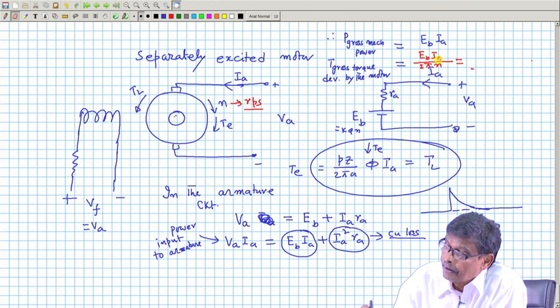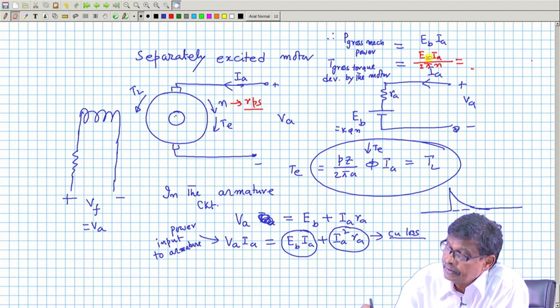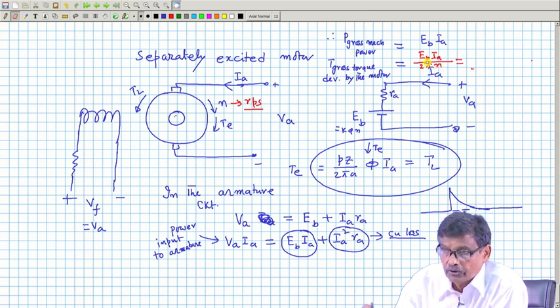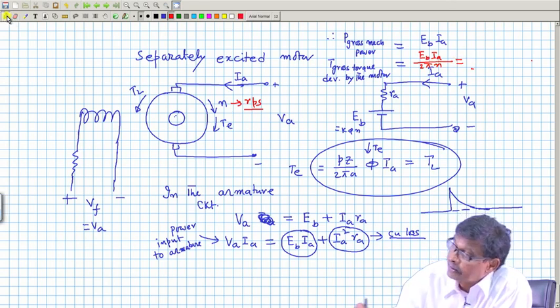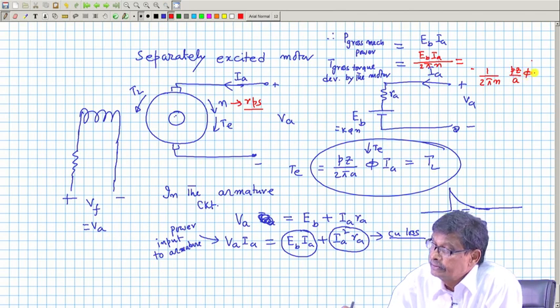This is the total power converted to mechanical form. So, Eb into Ia divided by the angular speed in radian per second will give you the torque developed. So, this is equal to 1 over 2 pi n, and Eb is P z by A into phi into n, and then Ia is there.